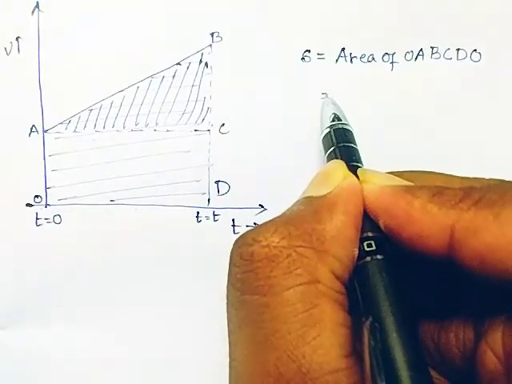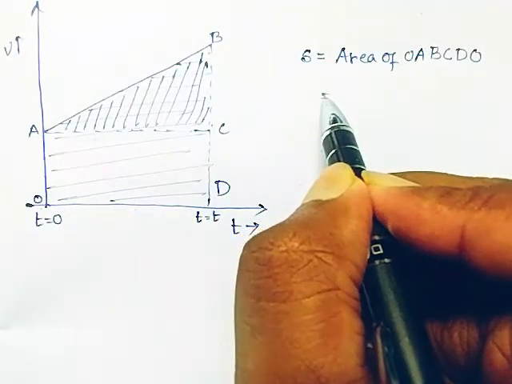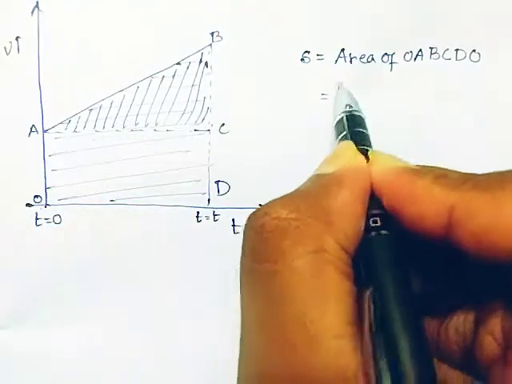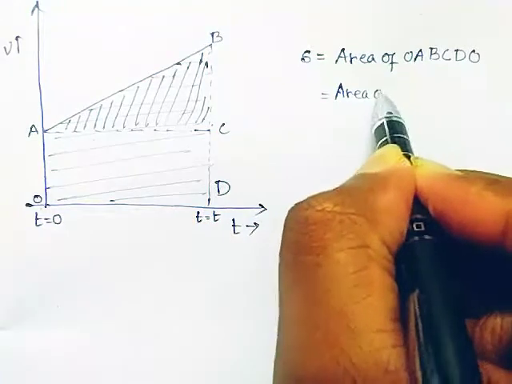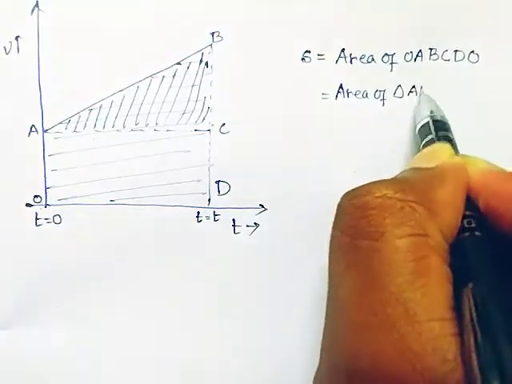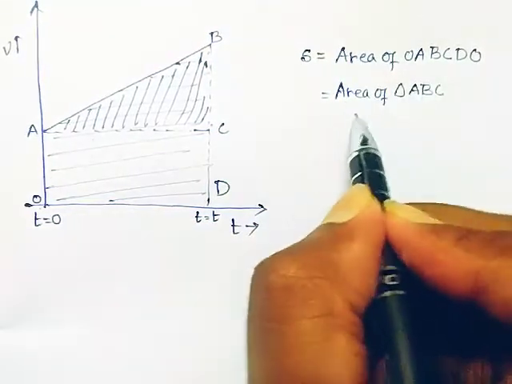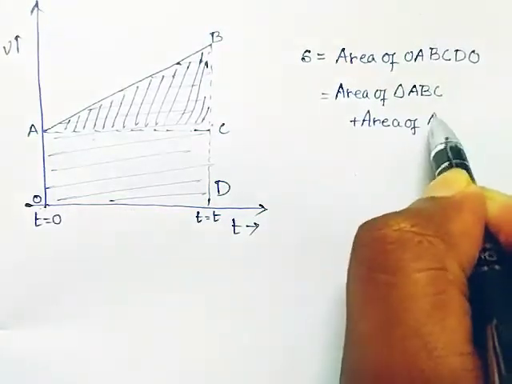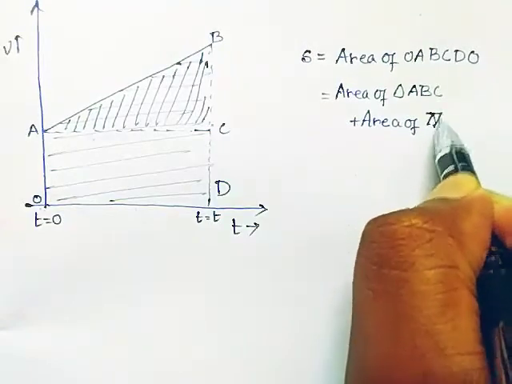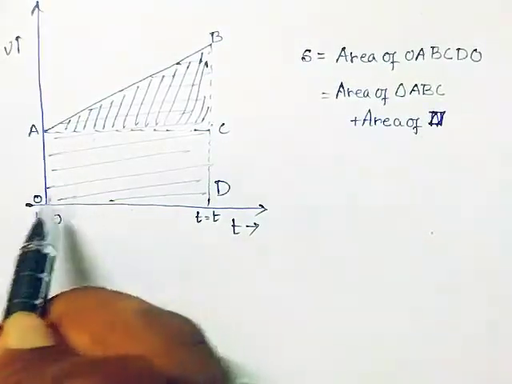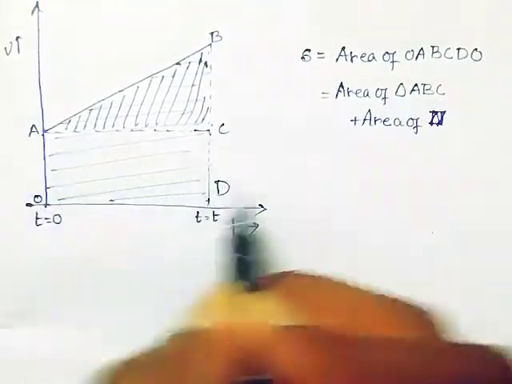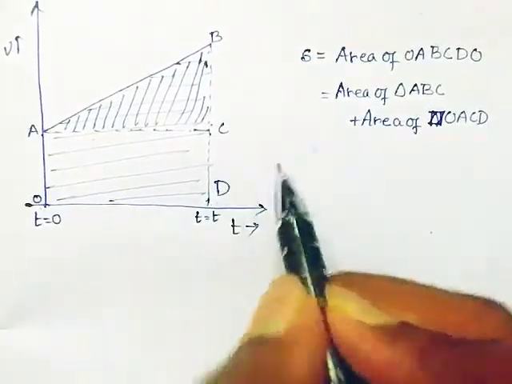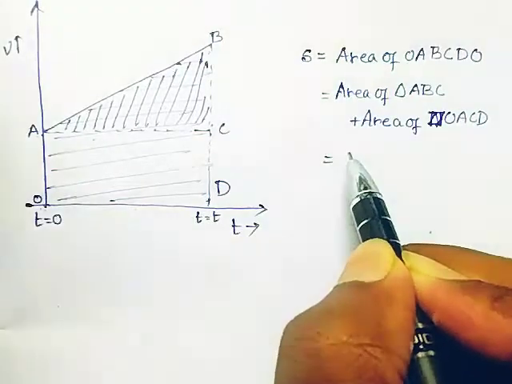Obviously it is the sum of two known geometrical shapes: the area of triangle ABC plus the area of rectangle OACD. So what is the area of triangle ABC?